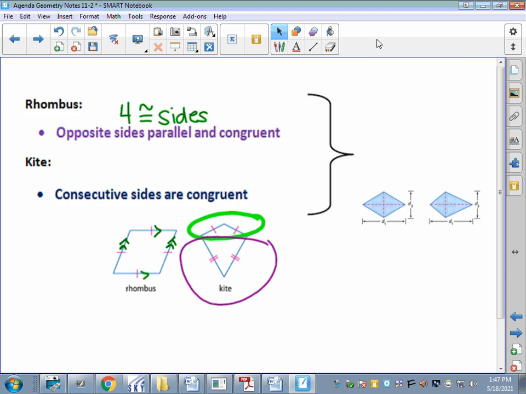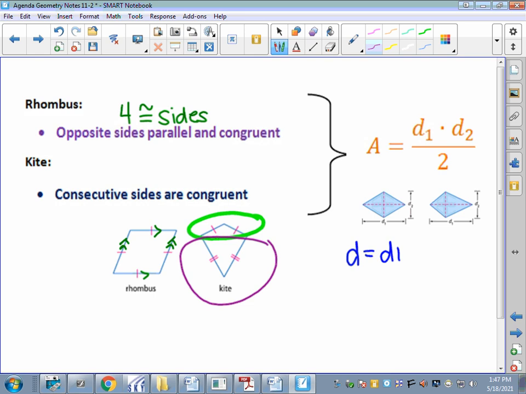So the formula for a rhombus or a kite is A equals D1 times D2 all over 2. Now it's important to note here that the D stands for diagonal. So you've got 2 diagonals in every four-sided figure.